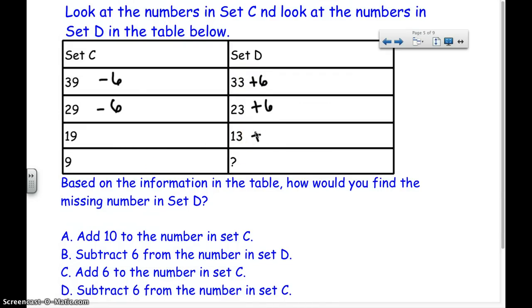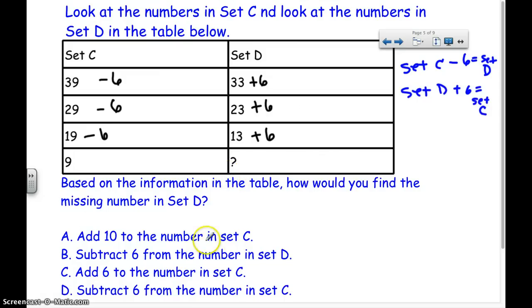So if I take set C, minus 6 gives me set D, or if I take set D and add 6, it gives me set C. So that's pretty much the pattern I'm feeling.